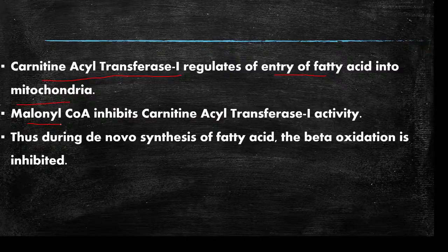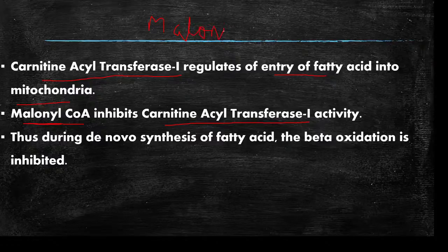Malonyl-CoA, which is formed from acetyl-CoA during fatty acid synthesis, will inhibit this CAT1, carnitine acyl transferase. When more malonyl-CoA is present, that indicates our body is forming more fatty acid, that is, fatty acid synthesis.